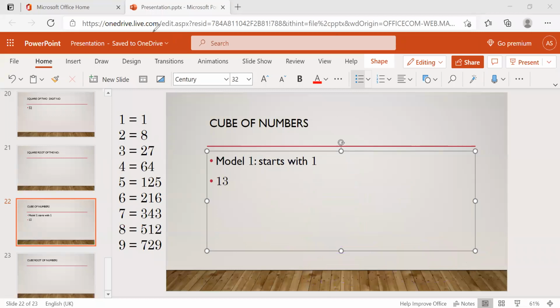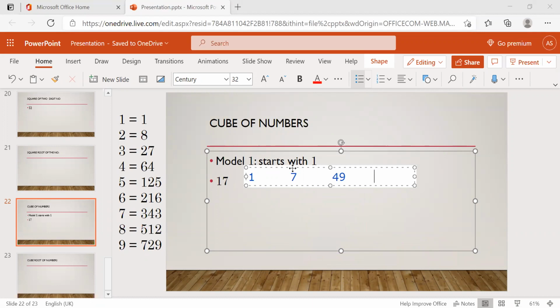Okay. Now, which number can I take? 17, we will take 17. Now 17, how are we going to write it? First 1 and then 7 and then 7 square. What is 7 square? 49. And then 7 cube.